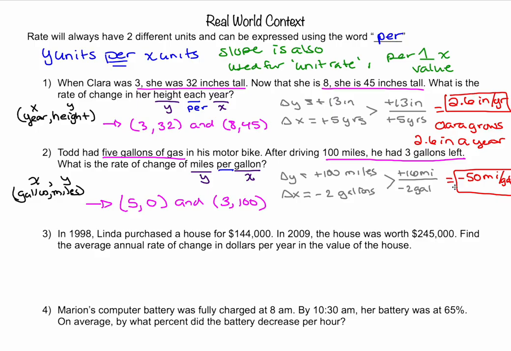To make this a little bit more sense, every 50 miles, Todd uses a gallon of gas. So using is where the negative comes in. So every 50 miles, that's the 50, he's using, so that's minus because he's taken away the amount of gallons he has.